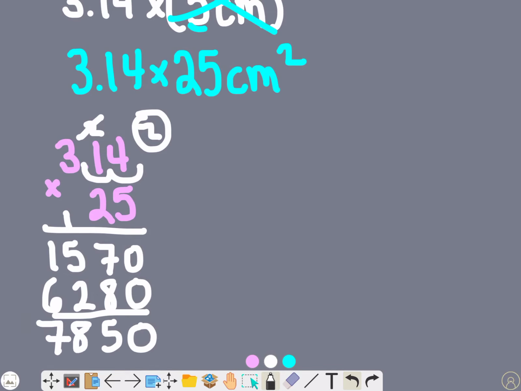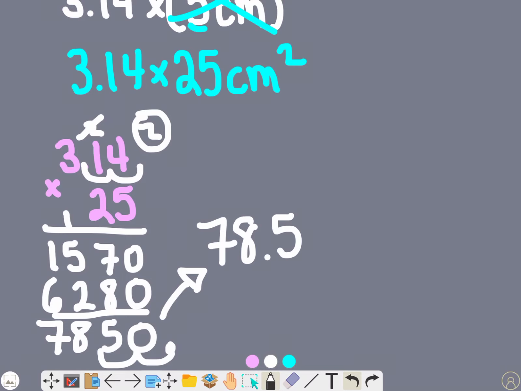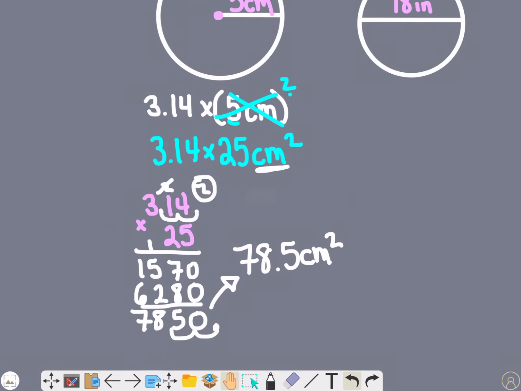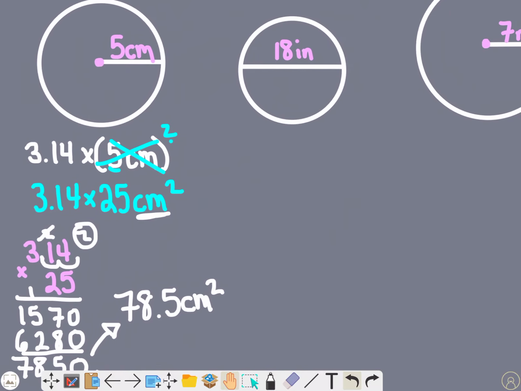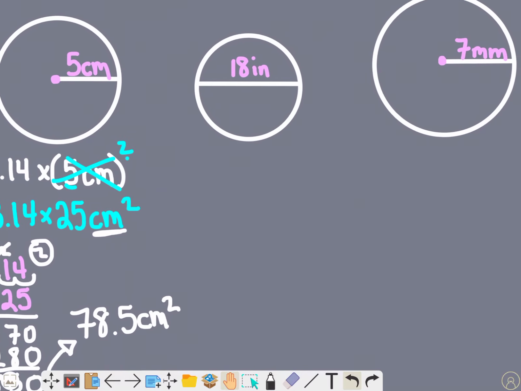And I jump my decimal back 2 jumps. So my final answer, if I combine all of my information, is 78.5. I can put a 0, but I don't really have to. Centimeters squared, because we cannot forget about our units. That's just as important as anything else. So we found out that our area for this problem is 78.5 centimeters squared.